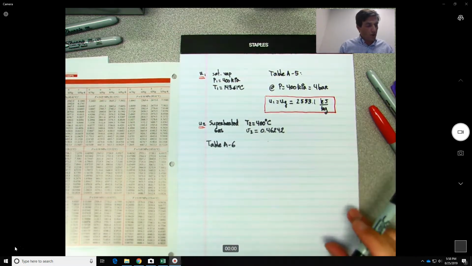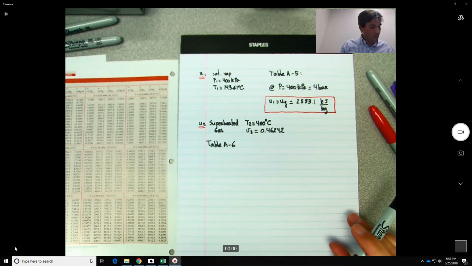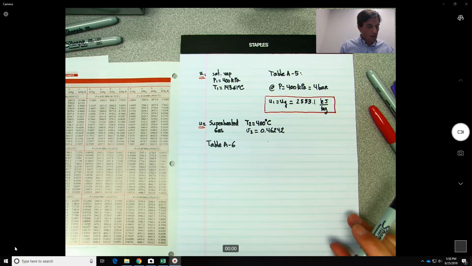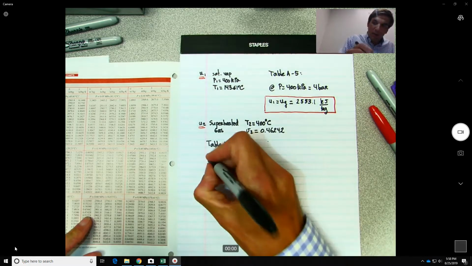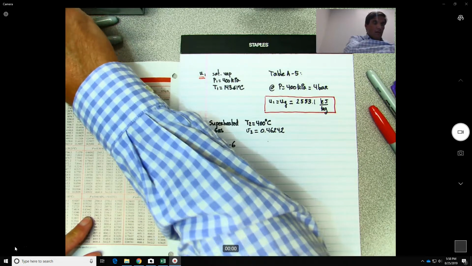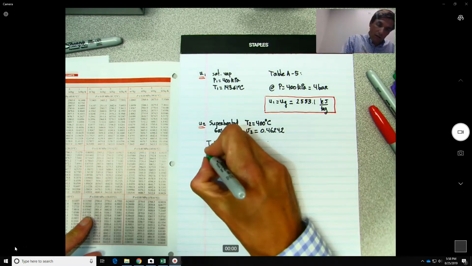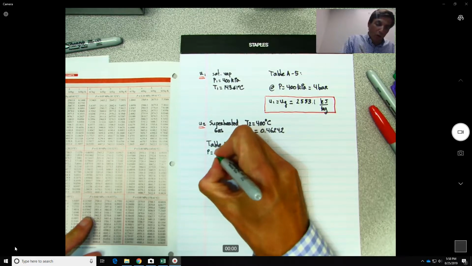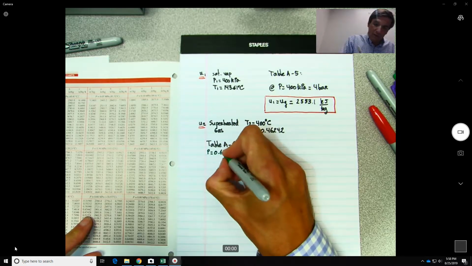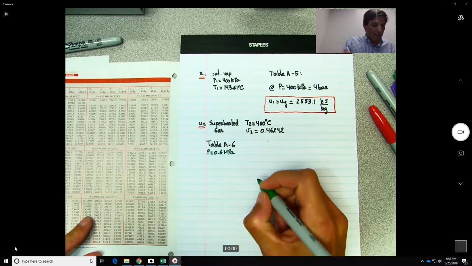So I'm looking for the V's, and it looks like it's going to be okay at P equals 0.6 megapascals.